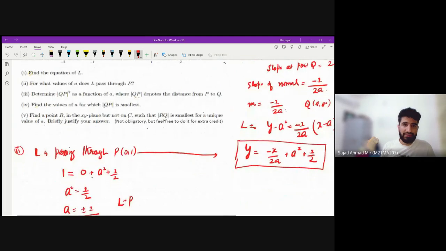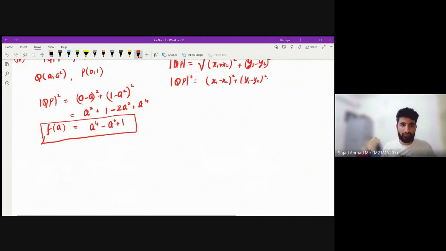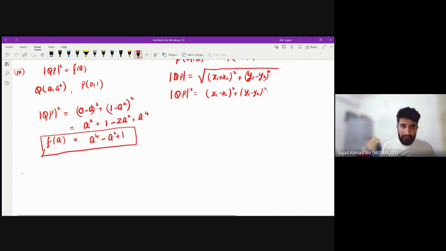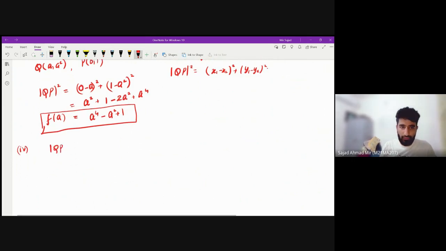Part 4 is saying that for what values of a the distance between Q and P is the smallest. Now we find that the square of the distance can be written as a function of a, which I have written here.